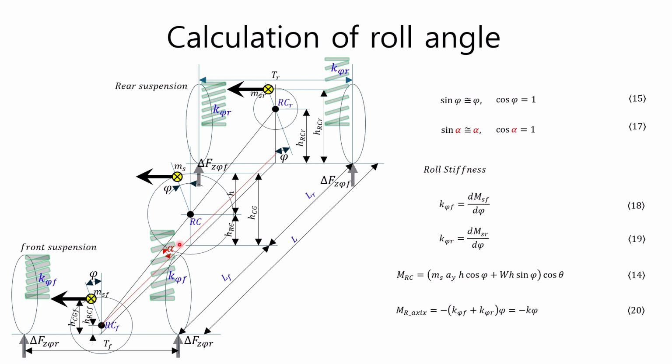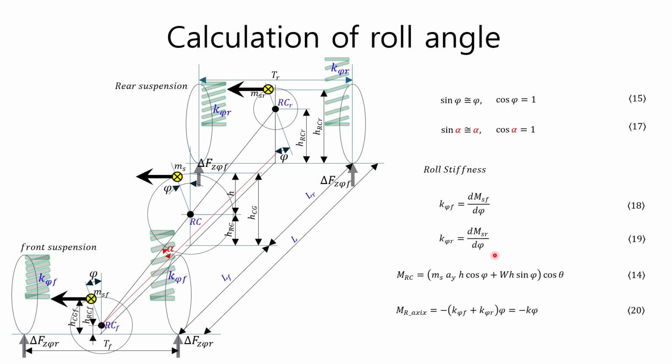Considering both the angle alpha formed by the axis parallel to the ground and the roll axis on the longitudinal section of the vehicle and the roll angle phi of the sprung mass, we establish a moment equation, and then establish a calculation equation when these angles have small values, as in equations 15 and 17. The front suspension roll stiffness can be obtained as in equation 18, and the rear suspension roll stiffness can be obtained as in equation 19.